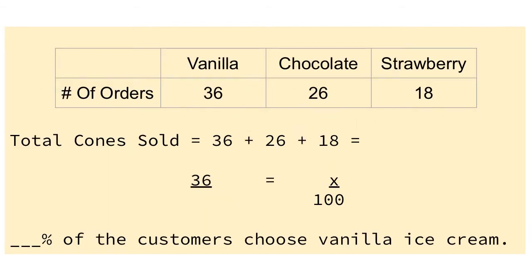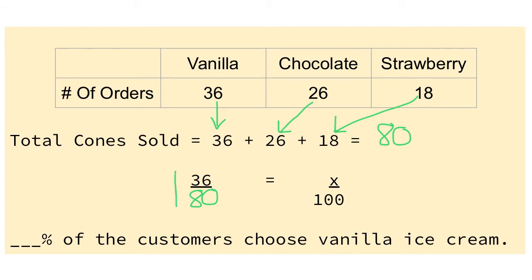So the very first thing you need, according to our percent proportion, is a total number of cones sold. If you add 36 and 26 and 18, you will find they sell 80. The total number goes on the bottom left.